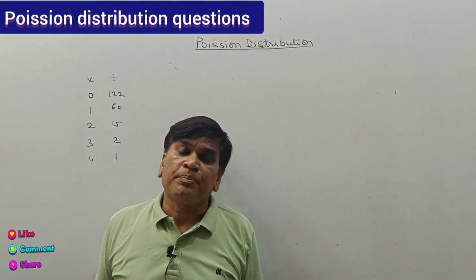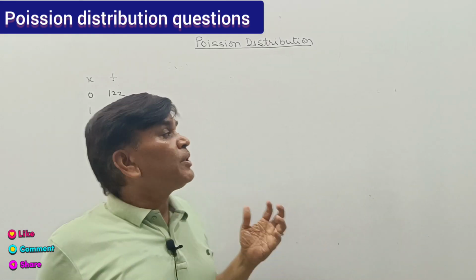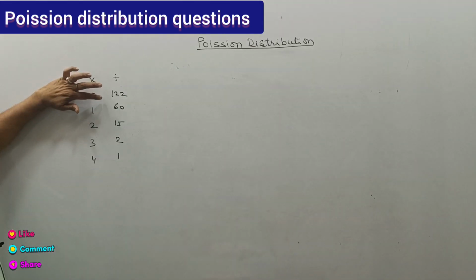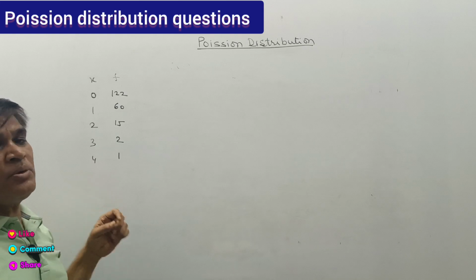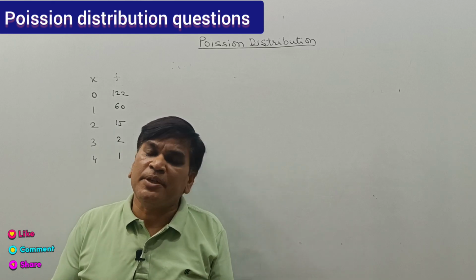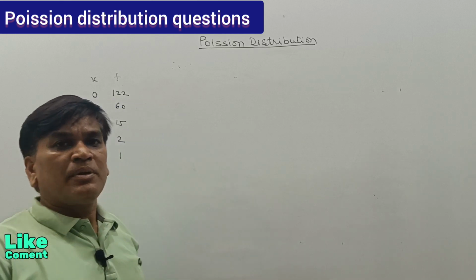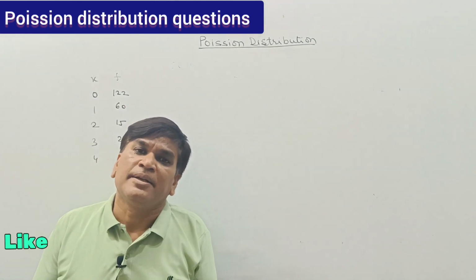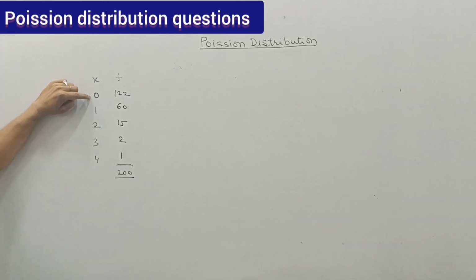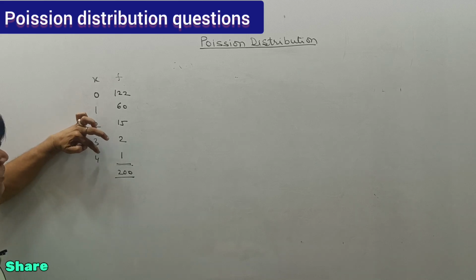In the Punjab regiment of the Indian Army, in the last 200 years, the data is given for soldiers who died due to falling from horses. Again I am repeating the question: 0 deaths in 122 years, 1 death in 60 years, 2 deaths in 15 years, 3 deaths in 2 years, 4 deaths in 1 year.